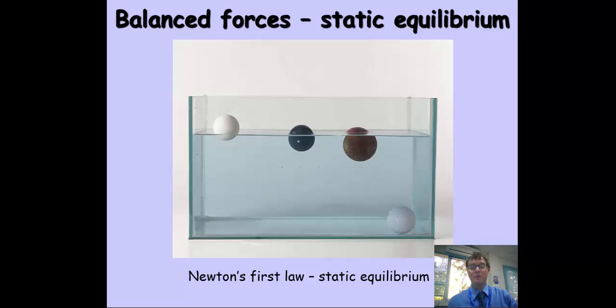Then we have my golf ball, which is lying at the bottom of the fish tank, so there will be a normal force pushing up and the weight pushing down. Either way, we have static equilibrium, so there's no resultant force, so these objects remain stationary.